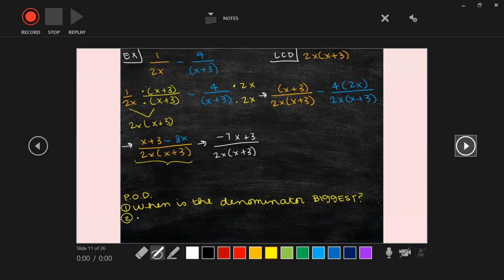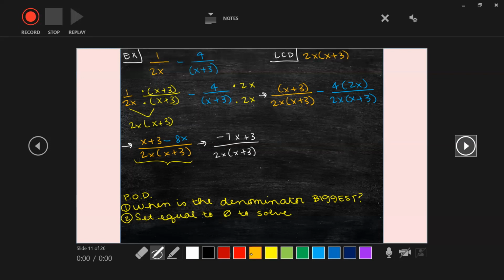And then I'm going to set that equal to 0 to solve. So when is the denominator biggest? And set it equal to 0 to solve.